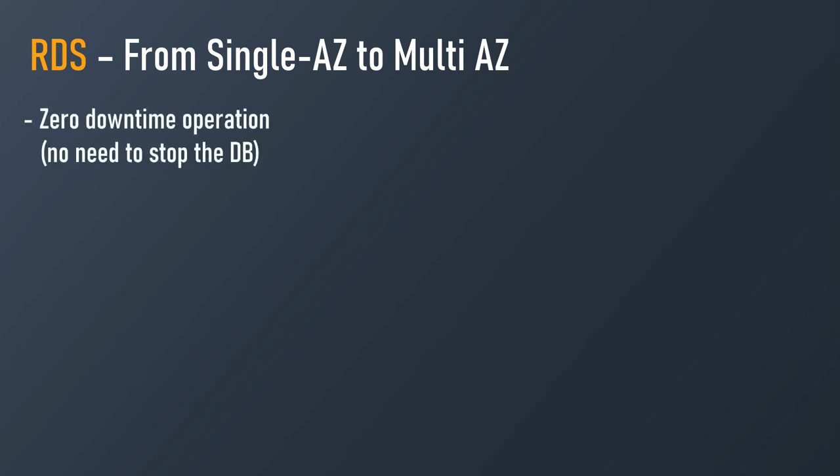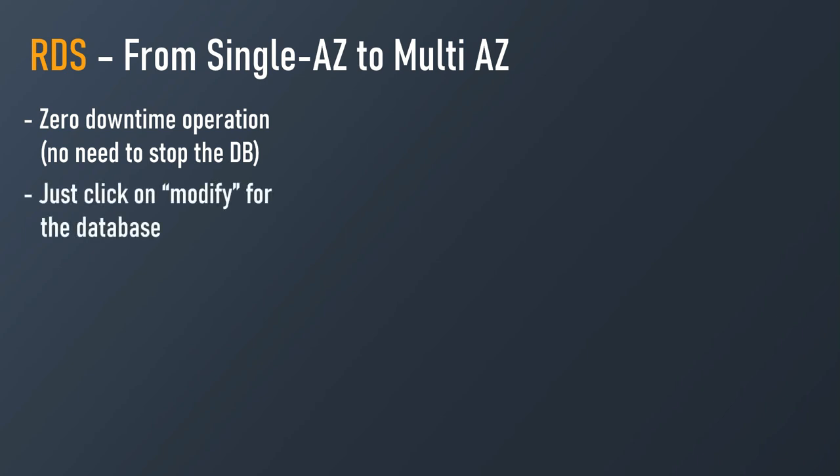So a question that can come up in the exam is around how do we make an RDS database go from single AZ to multi-AZ. What you should know is that it is a zero downtime operation. That means you do not need to stop the database to go from single AZ to multi-AZ.